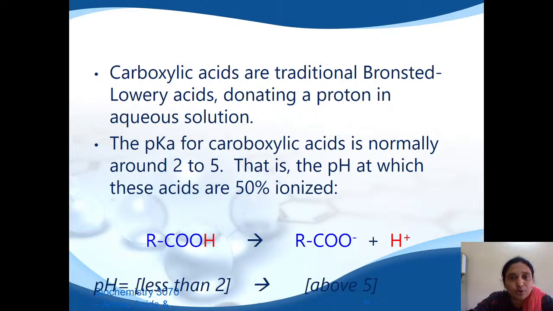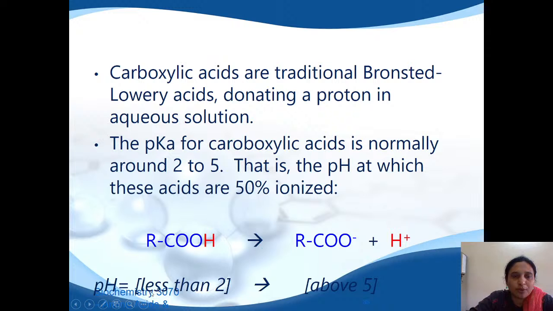In the presence of acids, the hydrogen ion concentration in the solution is increased. The pKa, the dissociation constant of the carboxylic acid, is normally around 2 to 5. That is the pH at which these acids are 50% ionized.